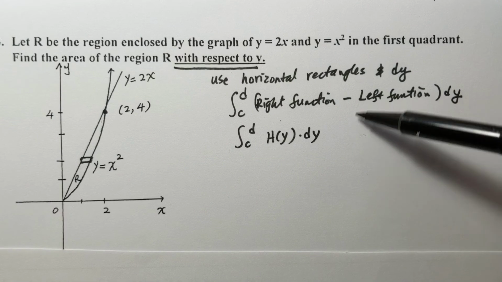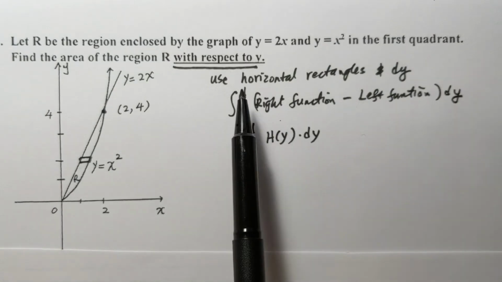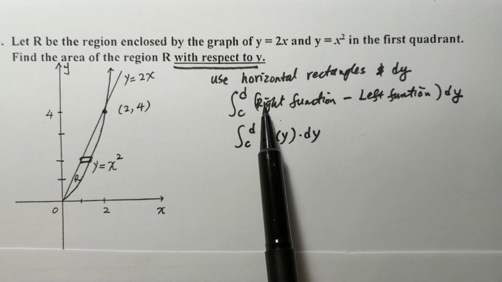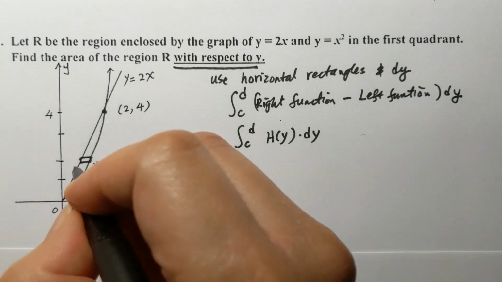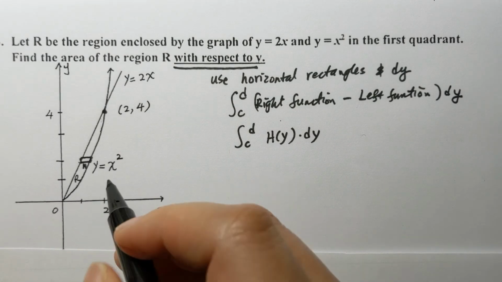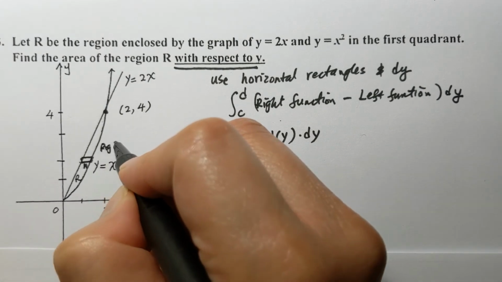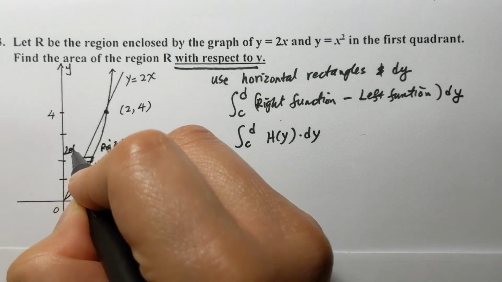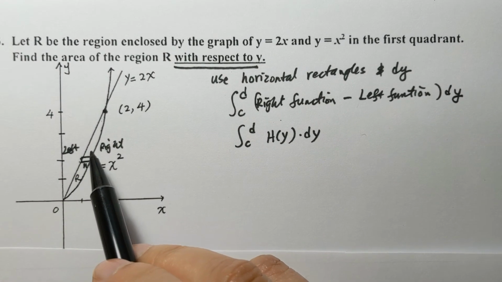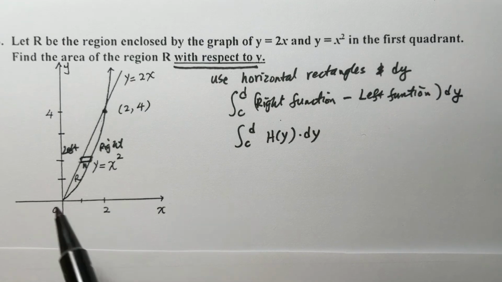So these two are related. Definitely I want you to remember both, so you would know why we're using right function minus left function. Your h is bounded by the right function and the left function. We always do right minus left to get positive length. 2 minus 0 is positive; the other way around you get negative.